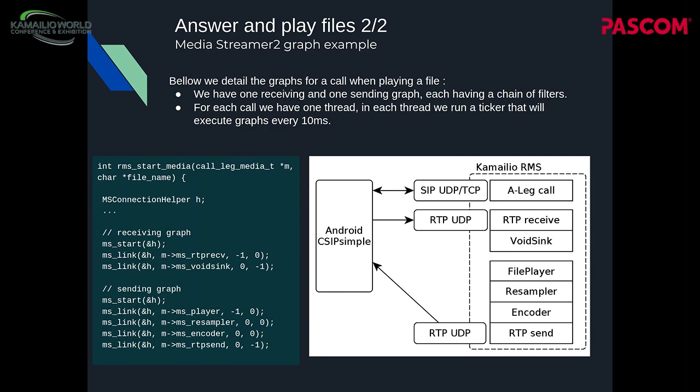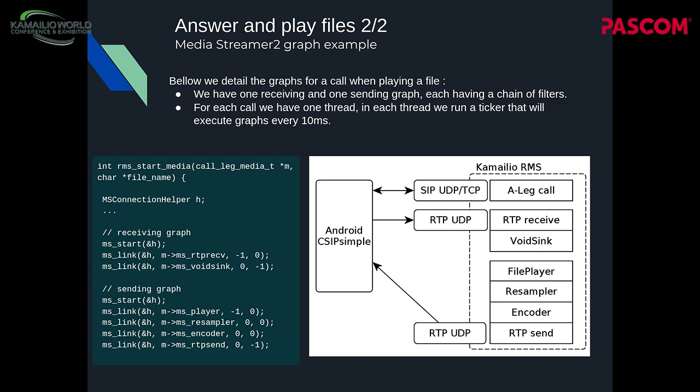So yeah, internally in Media Streamer, in my scenario, I was using CSipSimple or Linphone on an Android. We can see what's going on inside the RMS module, the kind of architecture. We see that the caller is considered like a call leg, and in this case, I call it the A leg.